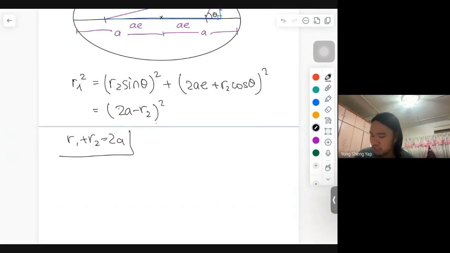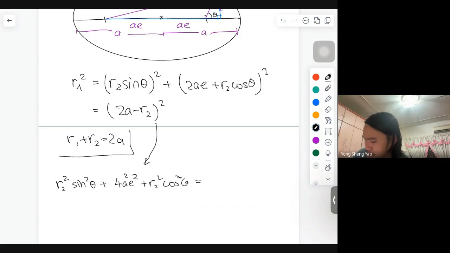And if you solve this in terms of R2, you get R2 squared sine squared theta plus 4a squared e squared plus R2 squared cosine squared of theta, plus 4ae R2 cosine of theta, must be equal to 4a squared plus R2 squared minus 4a R2.